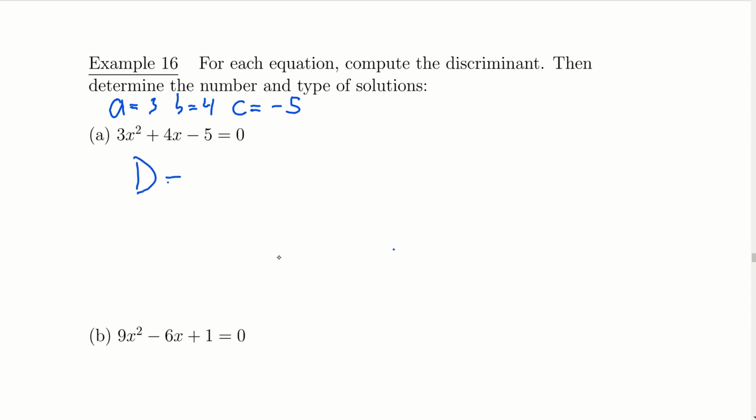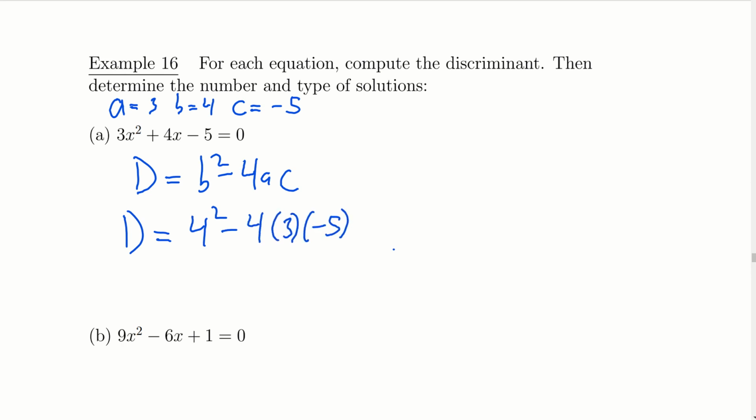The discriminant, let me call it D, is b squared minus 4ac. So for this one, it's 4 squared minus 4 times 3 times negative 5. 4 squared is 16. Negative 4 times 3 is negative 12. Negative 12 times negative 5 is a positive 60. And then 16 plus 60 makes 76.